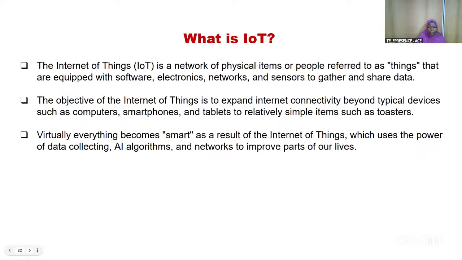Like let's say, for instance, you are so tired at your office desk, you needed a cup of coffee. If your coffee dispenser is an IoT device, you can speak to it and say, get me a cup of coffee.